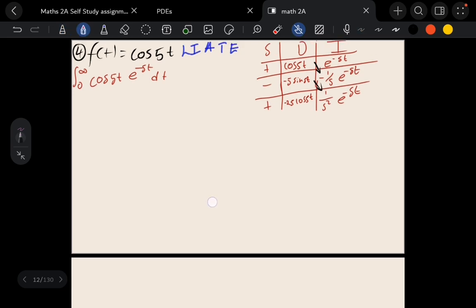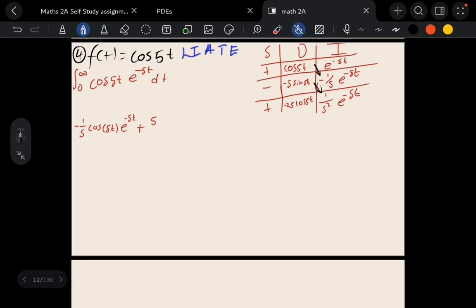So I'm going to say it is negative 1 over s cos 5t e to the power negative st, and then it's going to be positive 5 sine 5t divided by s squared e to the power negative st.